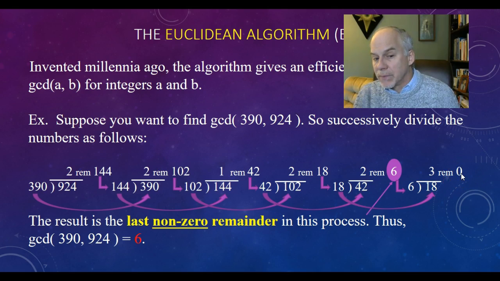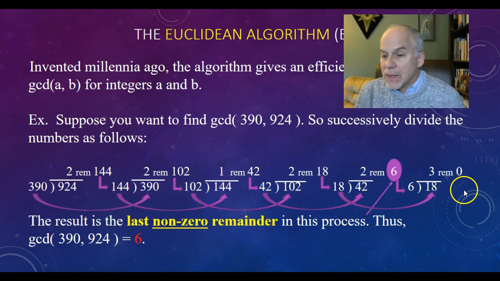Now, according to the Euclidean algorithm, the last non-zero remainder, which in this case is 6, is going to be the GCD, or the greatest common divisor of the two original numbers.